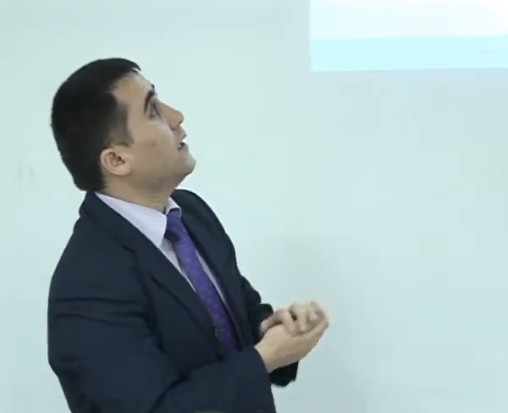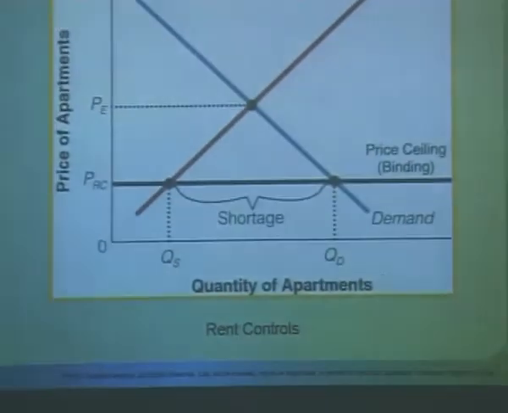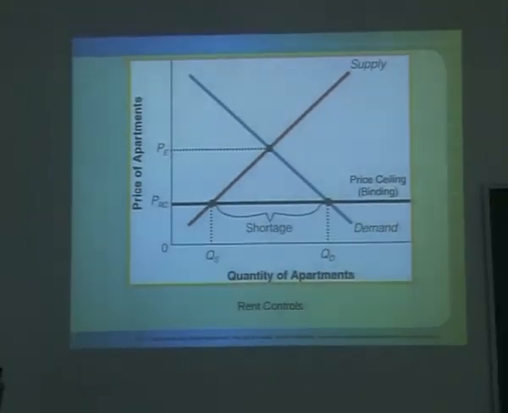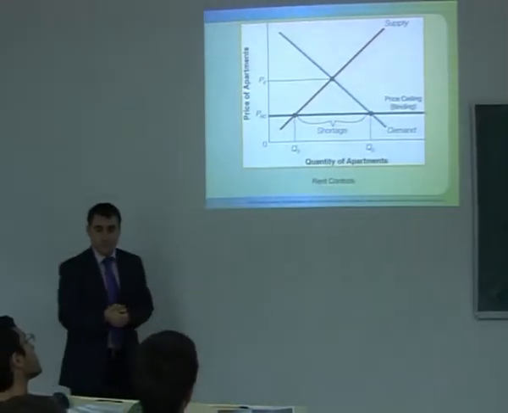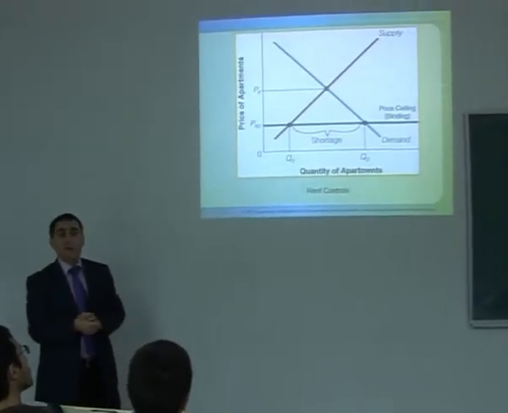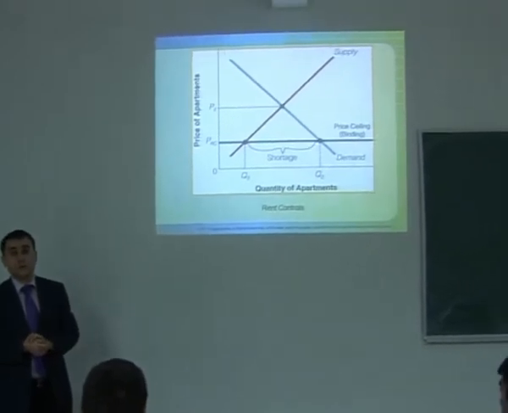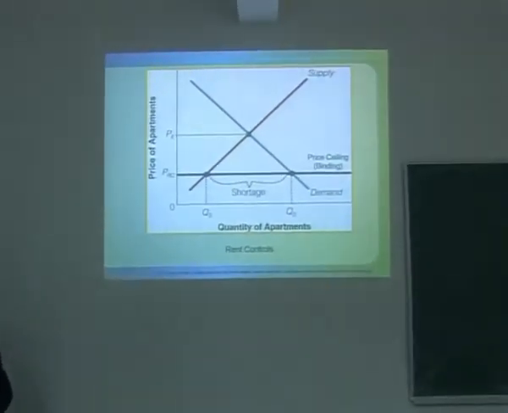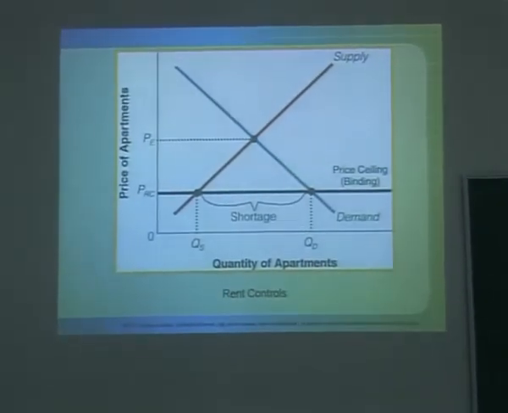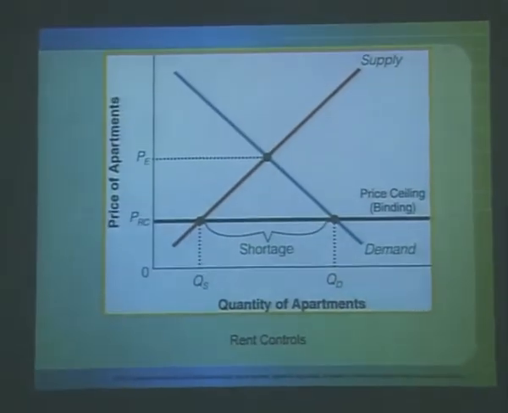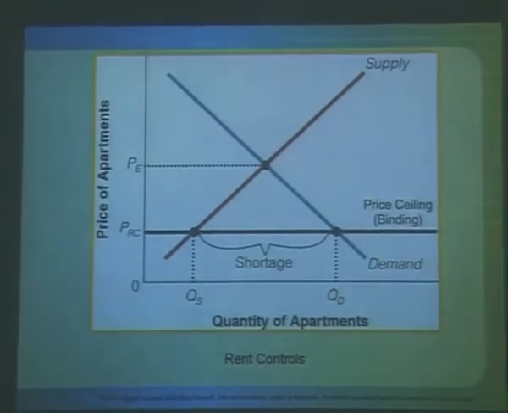So when you look at this graph, you're going to apply your previous knowledge to it. And your previous knowledge says that if prices go below the market equilibrium price, you'll have a shortage.